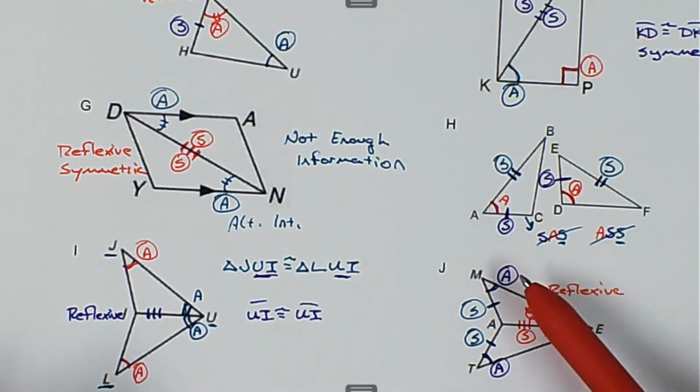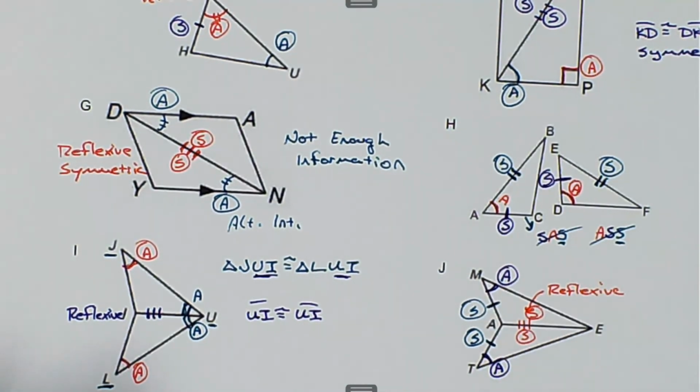So we have ASS. And although ASS does give us those two angles and four congruent sides, we can't use that one because that's a bad word.